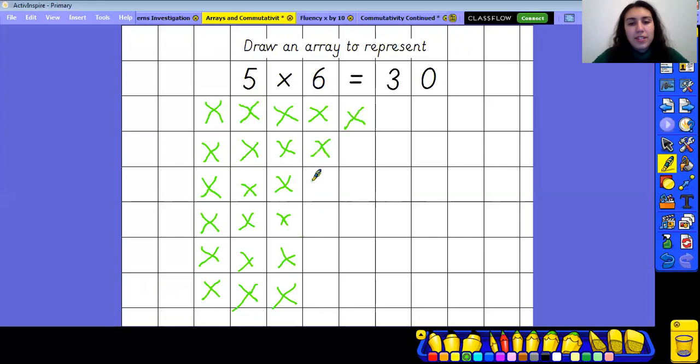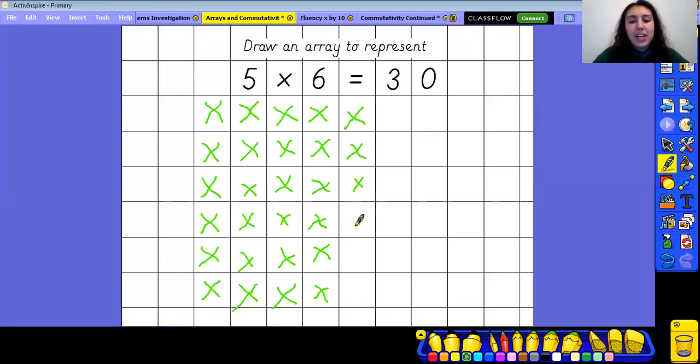I do apologise, this is normally much faster when I'm writing on the whiteboard, but it's very tricky to do with my mouse. Hopefully your drawings and representations are much neater than mine. And then in my final group, I've also got to have 6.